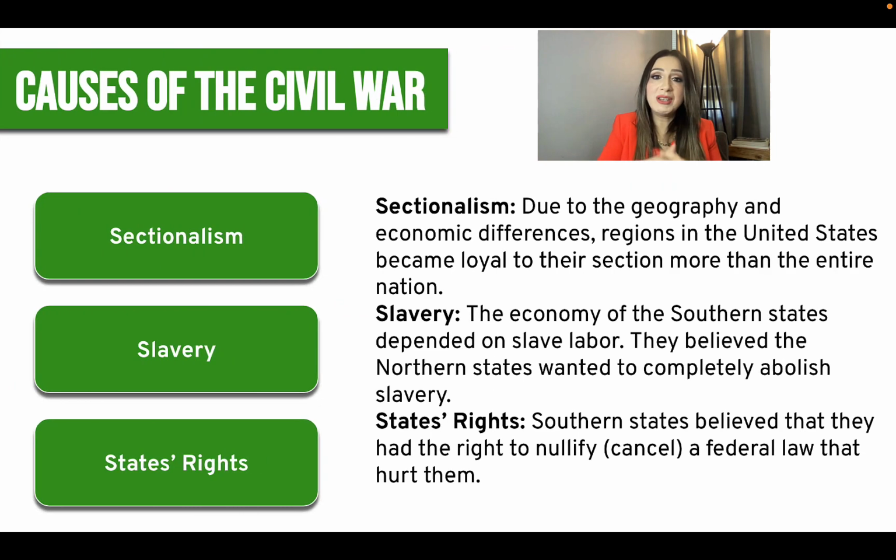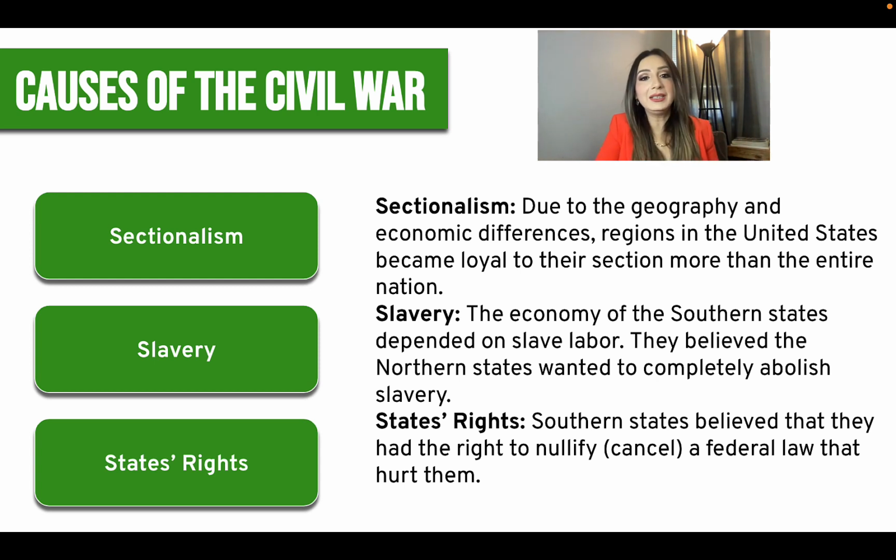And so going back to these causes, sectionalism, because of their geography and their economy, there's that tension between them, and tariffs as well. The North needed tariffs, the South hated tariffs. Because of slavery as well, and we talked about how the North didn't really depend on slavery versus the South did because of the plantation system.